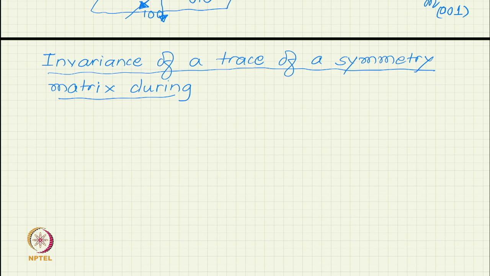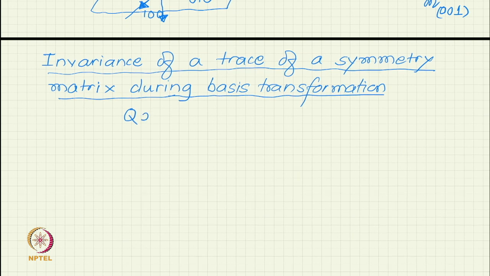In that we saw the matrix during basis transformation or coordinate transformation. If there is a vector x, then the new coordinates will be given by Qx equal to x prime, where Q is the coordinate transformation matrix.